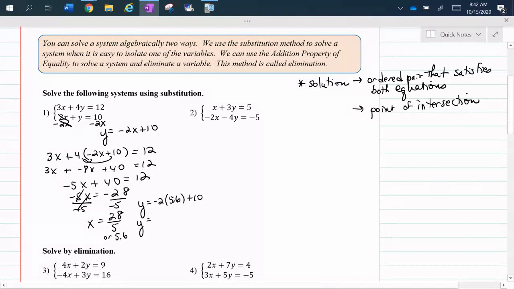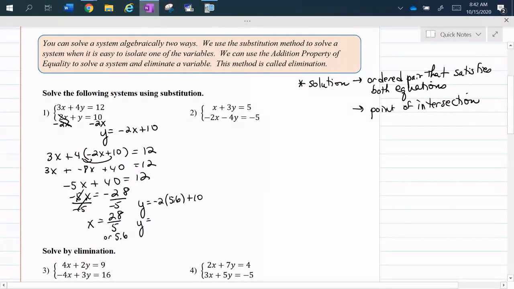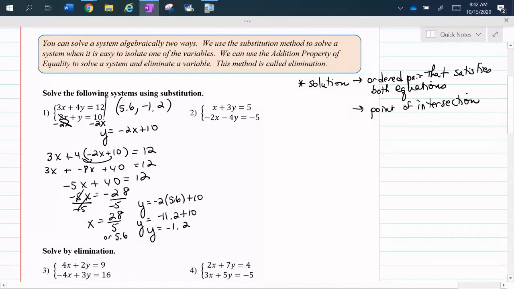So y is equal to, let's go to our calculator, negative 2 times 5.6 is negative 11.2. Negative 11.2 plus 10 is negative 1.2. So my x is 5.6 and my y coordinate is negative 1.2. There we go. All right, let's go to the next one.